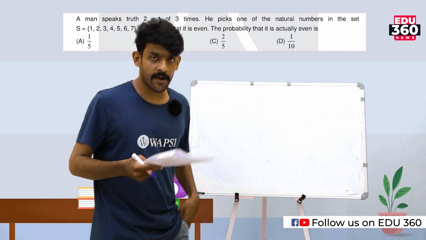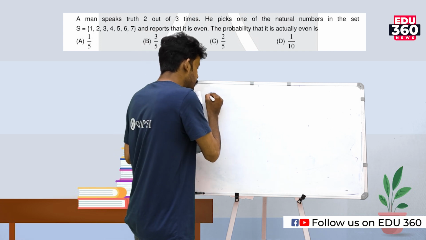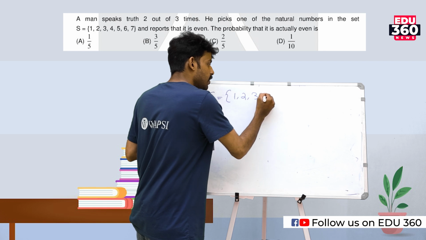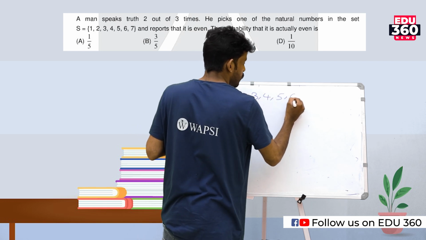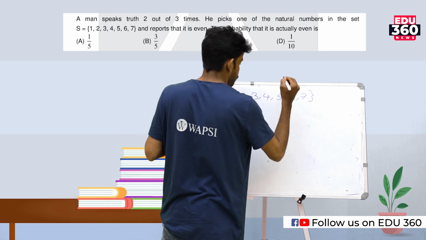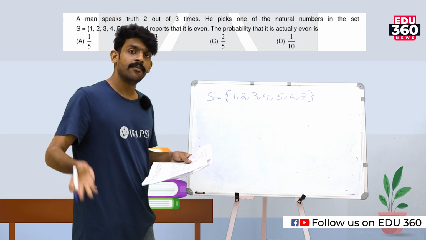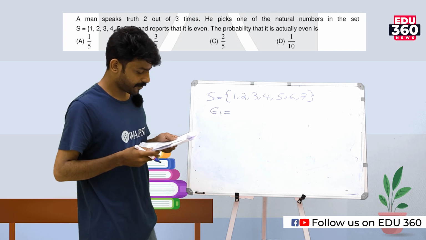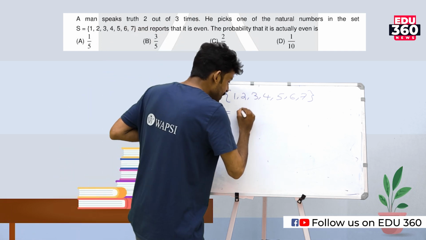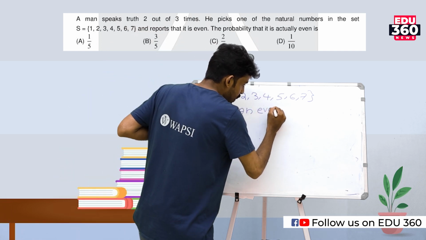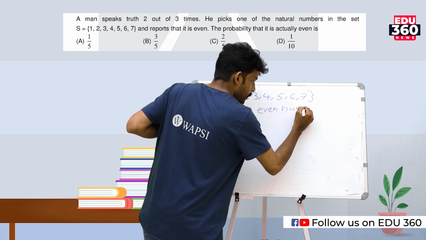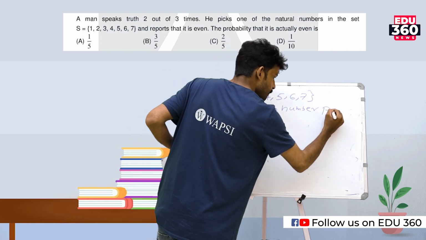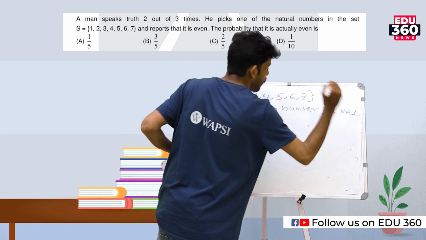First of all, we can write the hints. The hint is that S will be equal to 1, 2, 3, 4, 5, 6, 7. And we can write E1 will be equal to an even number picked.